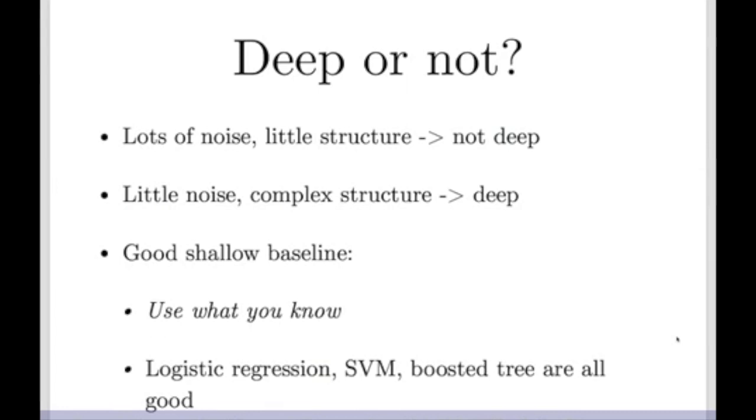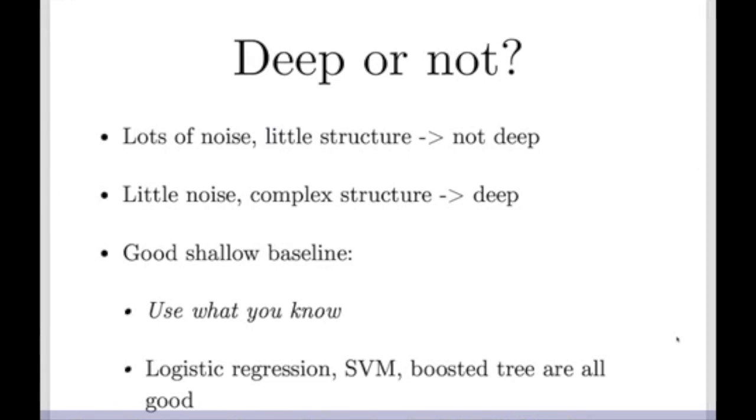Those involve really complicated mappings from individual pixels or individual characters or individual words to very high-level abstract ideas. But if your system has a lot of noise and very little structure, and you're just saying something like, here is a house, and I'm telling you how many square feet it has, please tell me how much it costs, then there aren't very many different variables there. The relationship between them is not very complicated. You can solve that with a much simpler machine learning system.